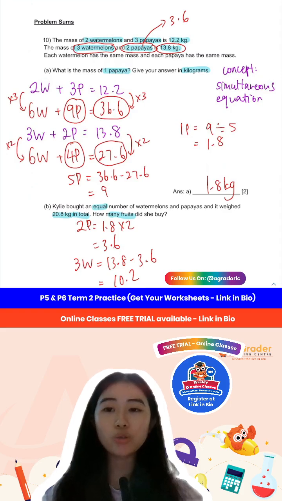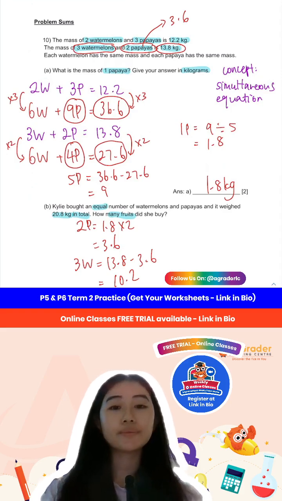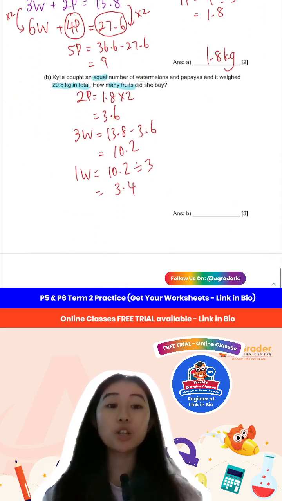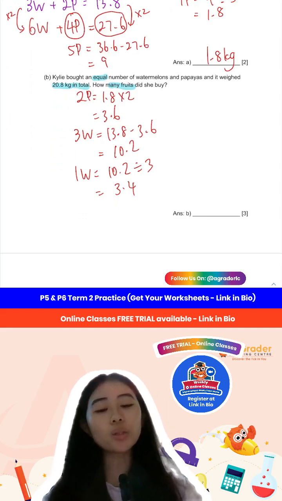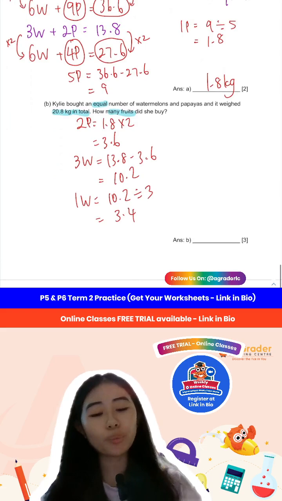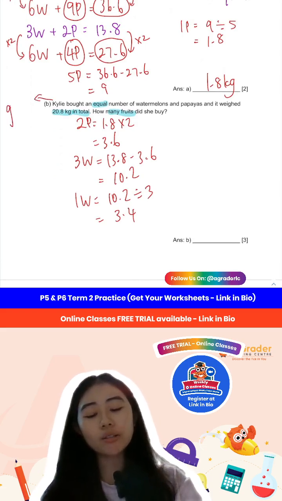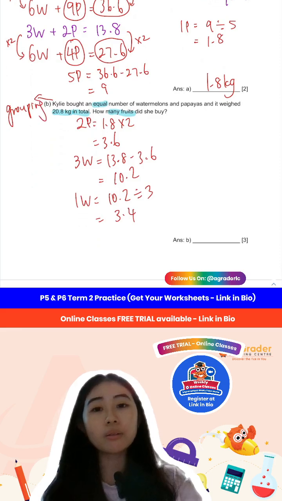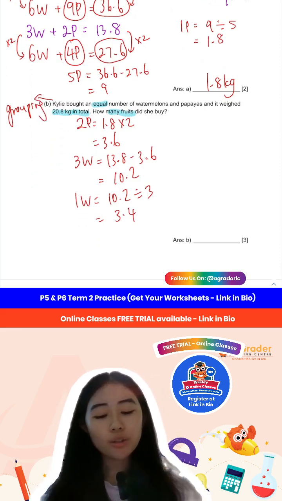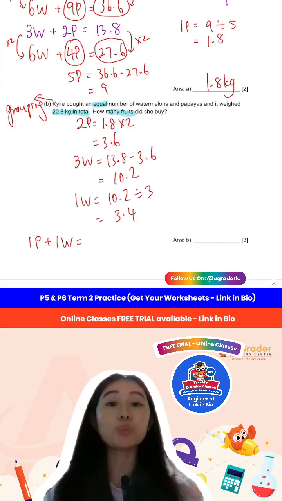which is 3.4. Okay, so from here, you can then use the concept of grouping because equal number of watermelon and papaya means that you can use grouping. So part B is actually testing you on grouping. So that's the concept. Okay, so now I'm going to find one papaya plus one watermelon as my one group.